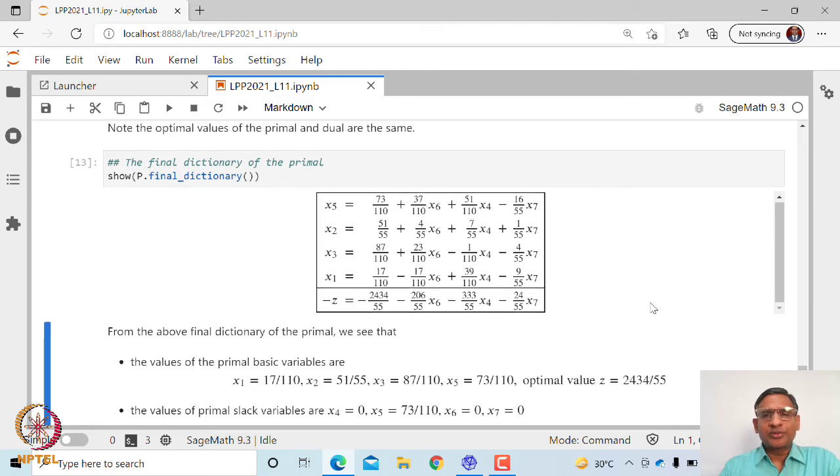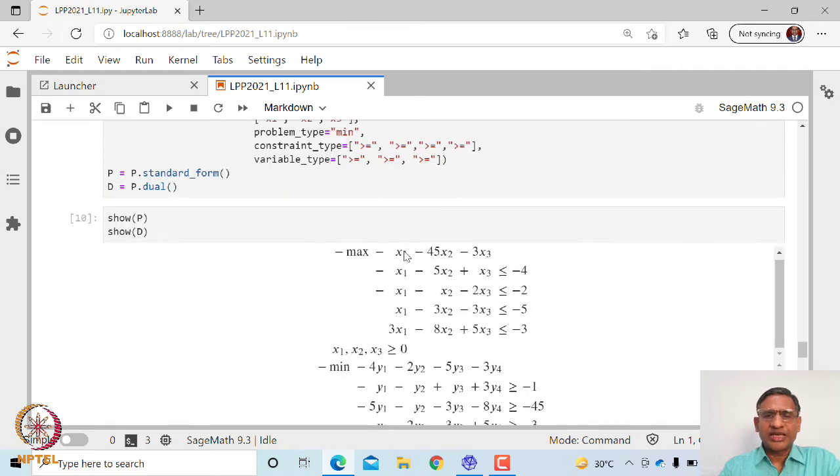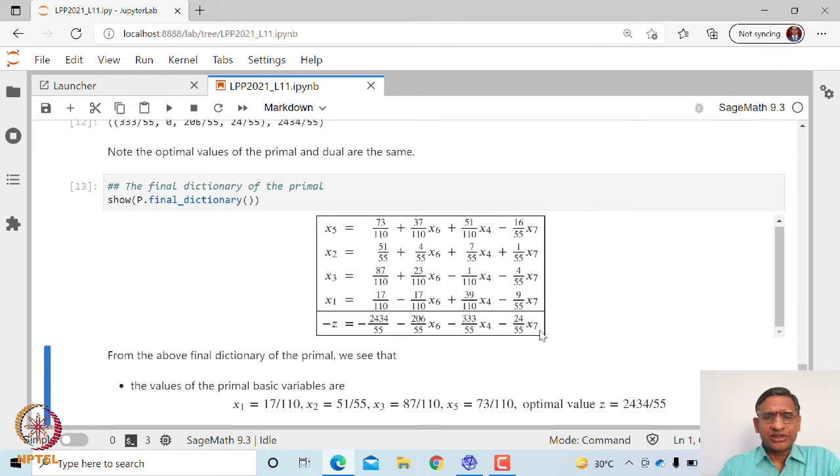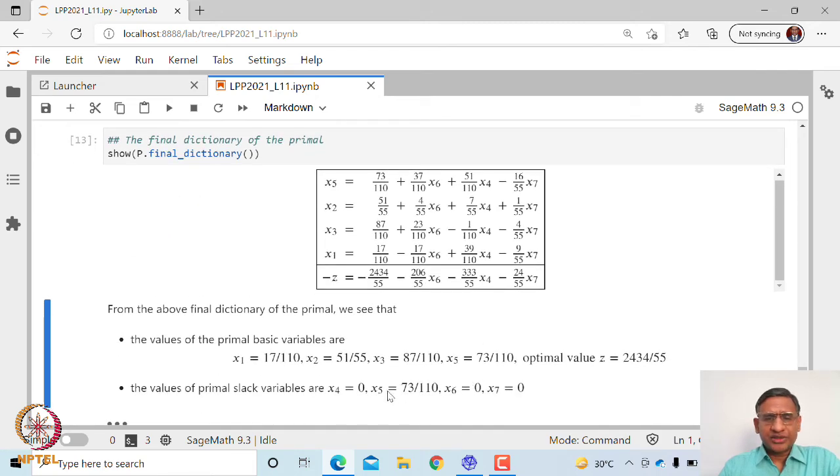In the original problem, the design variables are x1, x2, x3, and they all have less than or equal to constraints, so the right hand side variables are going to be slack variables. The value of the primal slack variables: x4 is 0 because it does not enter, x5 is 73 by 110, and x6 is 0, x7 is 0.